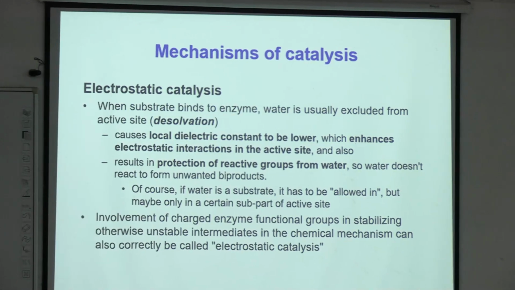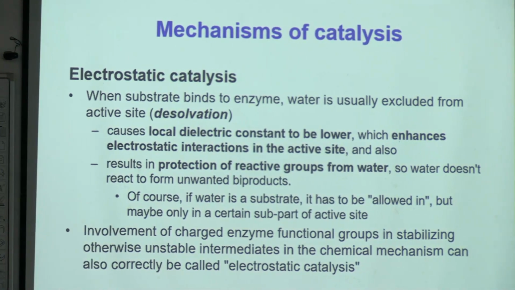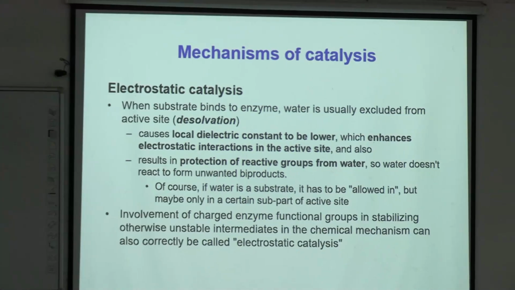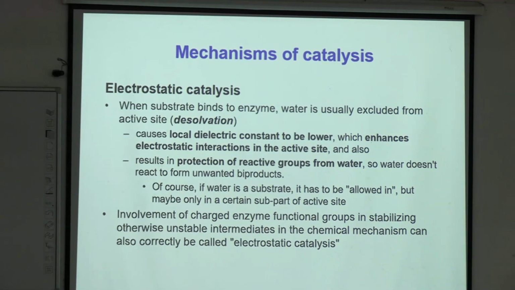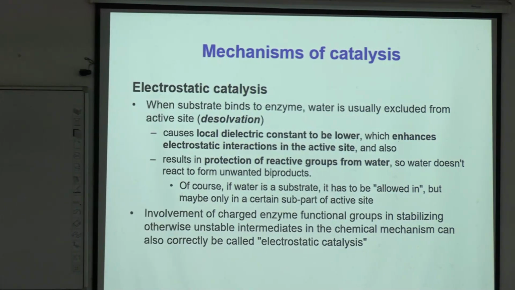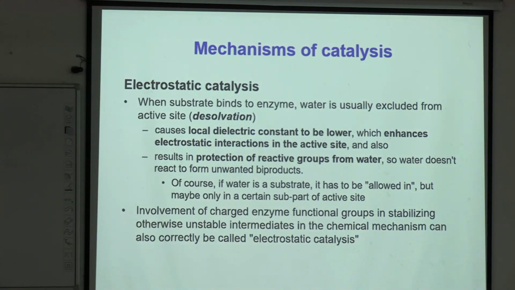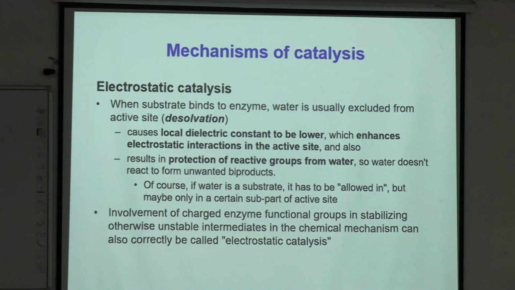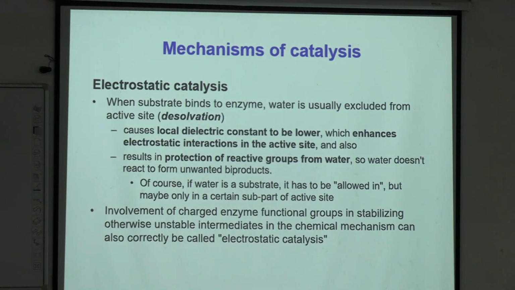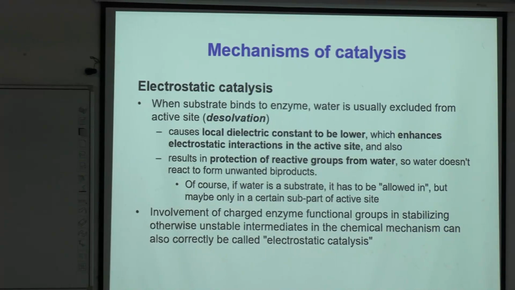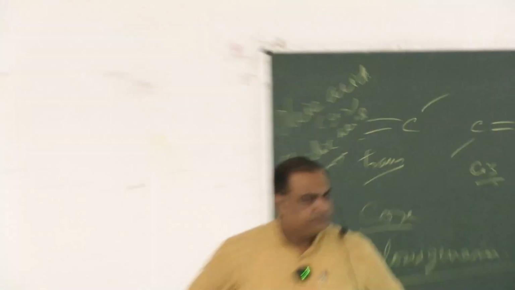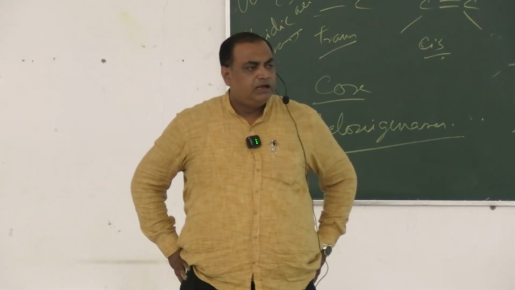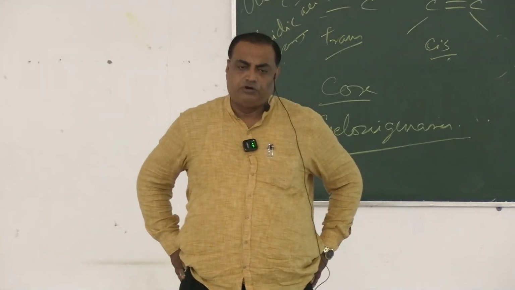Electrostatic catalysis. Now you know there are 3 types of bonds: covalent and non-covalent, correct? Covalent can be of 2 types, normal covalent and coordinate covalent, correct? And the non-covalent is the electrostatic bond.